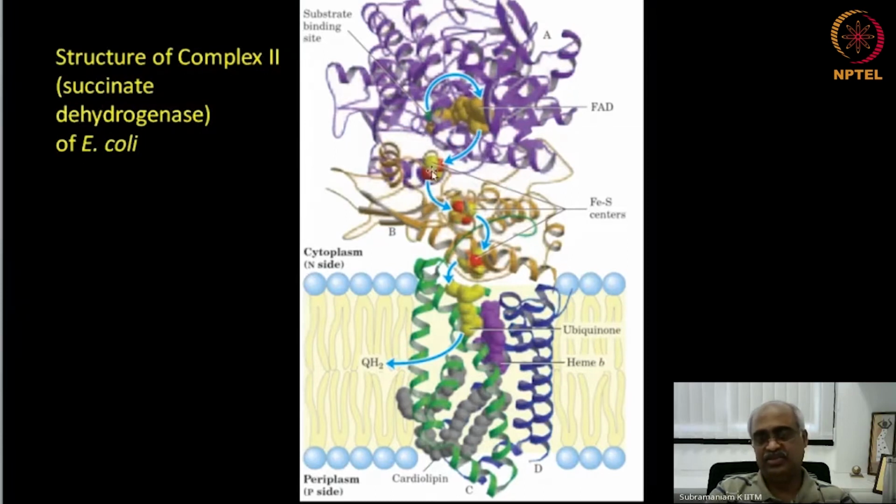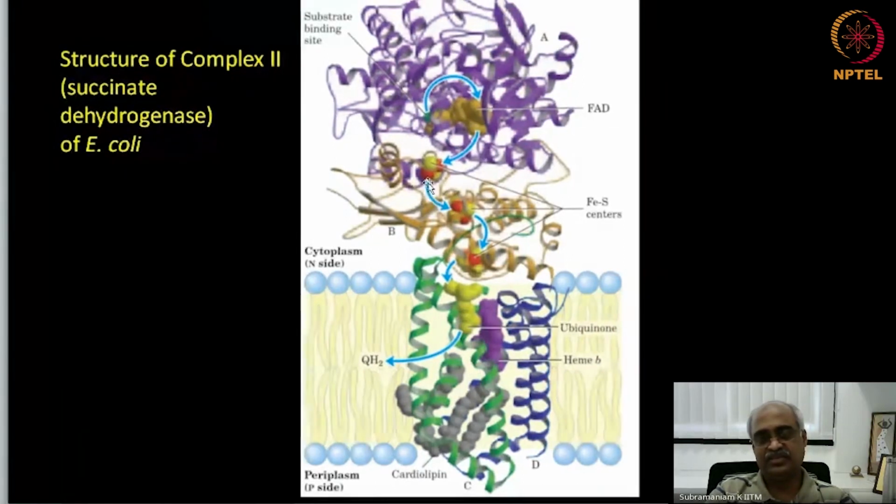From there the electron is transferred to the FAD. From there it goes to the 3 iron sulfur centers, and this blue arrow tracks the direction of electron flow finally to the ubiquinone, and this reduced ubiquinone diffuses into the membrane. Okay, and this heme B located here is not accepting or donating electrons, it is not in the path of the electron flow.